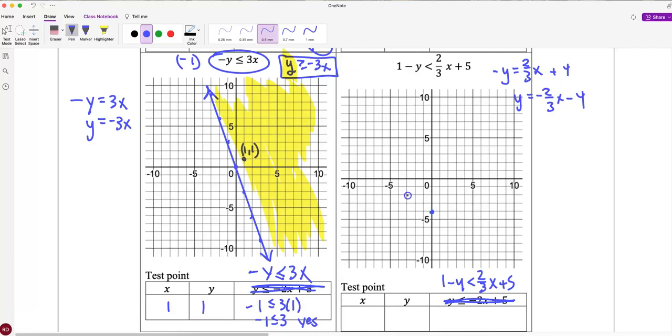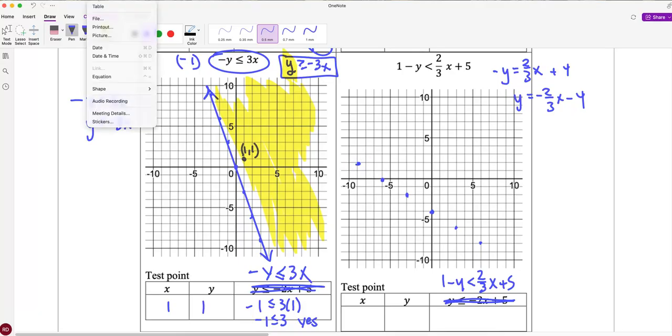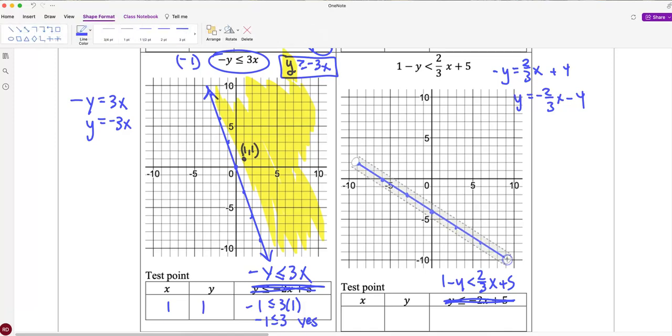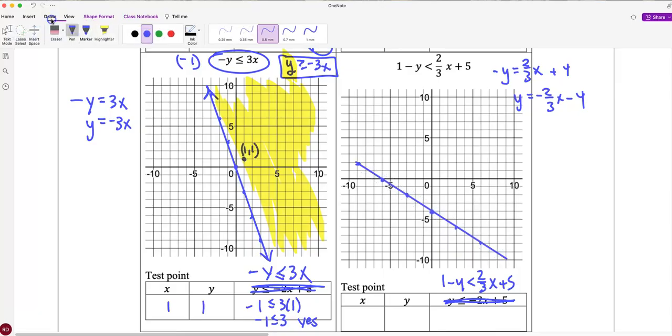So 2, 3, 2, 3, 2, 3, 2, 3, and up 2/3, and so forth. So if I insert that line, like so, and this one is strictly less than, so this is going to be a dotted line.